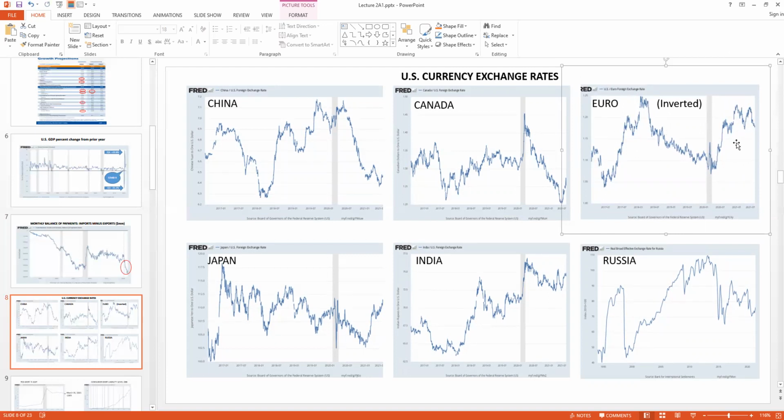We can see that it takes more dollars to buy a euro. In the case of euros and British pound sterling, we have to invert the fraction. Here we're talking about foreign currency per dollar. Now we're talking about dollars per euro. It's just the way the numbers are presented. But this chart and this chart and this chart are all the same.